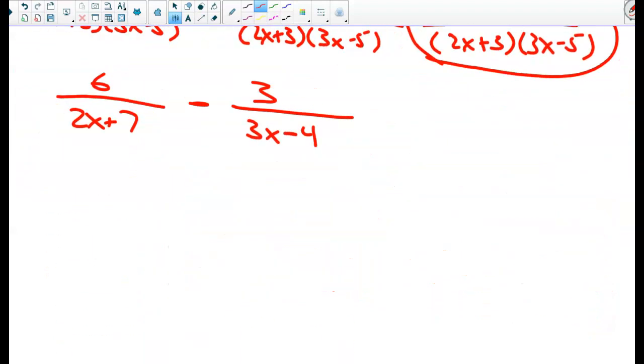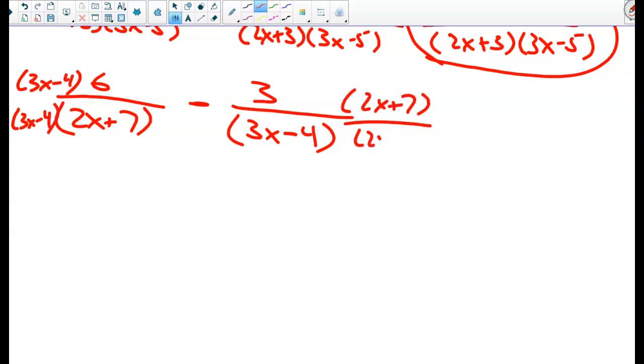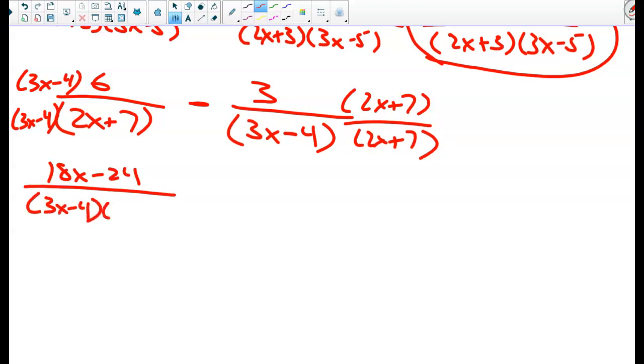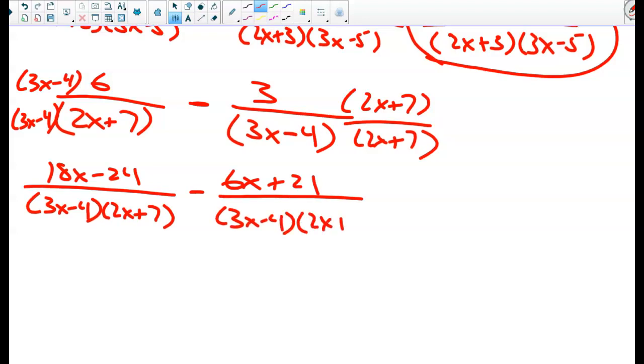The last one presents the same way. 3x minus 4 over 3x minus 4. 2x plus 7 over 2x plus 7. So we have 18x minus 24 over 3x minus 4, 2x plus 7. Minus 6x plus 21 over 3x minus 4, 2x plus 7.